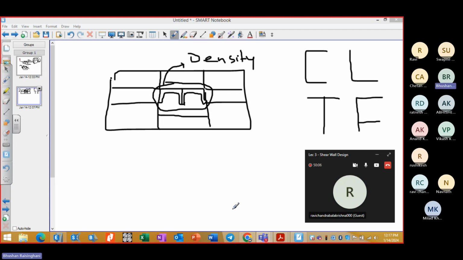So right now, in many cases, we have the arrangement that open staircases are there, so that it looks good. But if open staircases are there, they should not be vulnerable to earthquake forces. Okay, sir. But for earthquake, the staircase is not designed for earthquake, right?